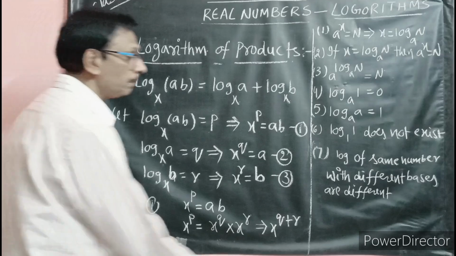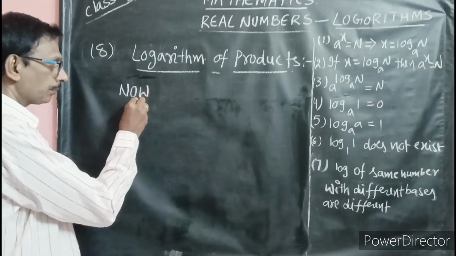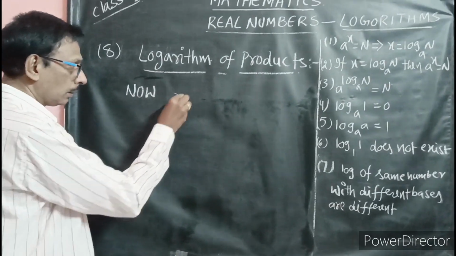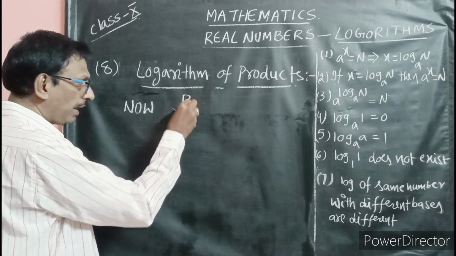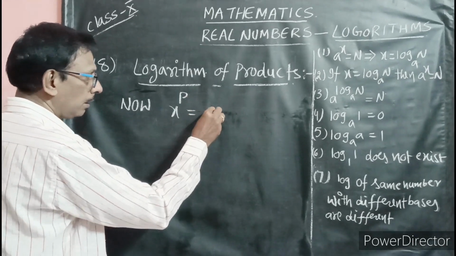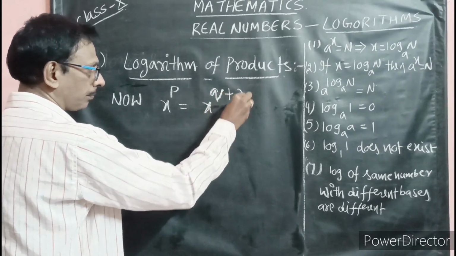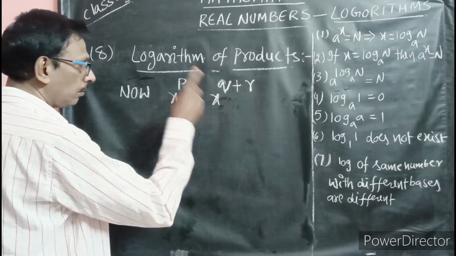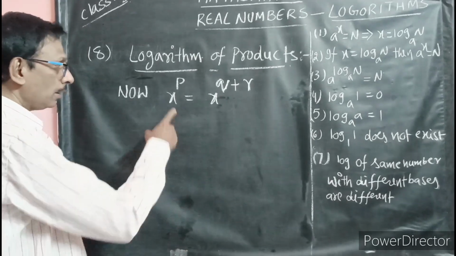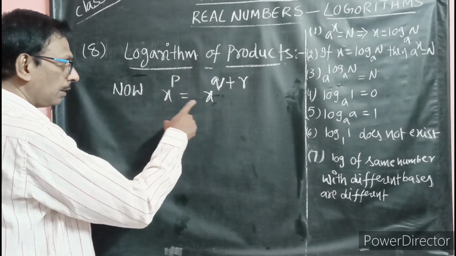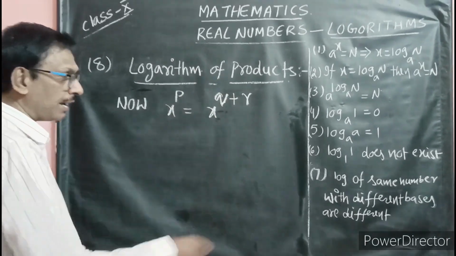Now x to the power of p is equal to x to the power of q plus r. Now this is in the form of a to the power of m is equal to a to the power of n.